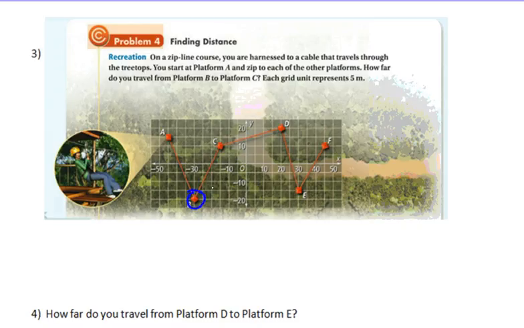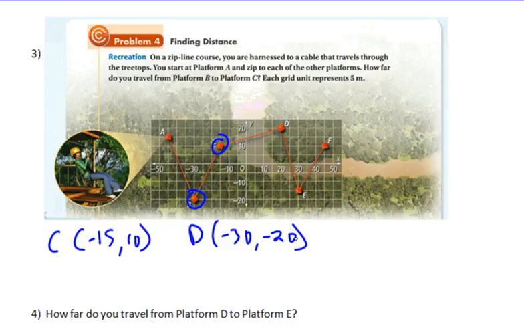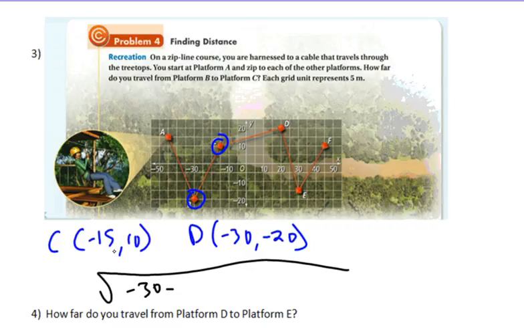It does say that they're all 5 apart. So this C is negative 15 and 10. That's C. And then D is negative 30, negative 20. So again, just remember that the distance formula is the square root of the second x, which is negative 30 in this case, minus x1, which actually is negative 15.